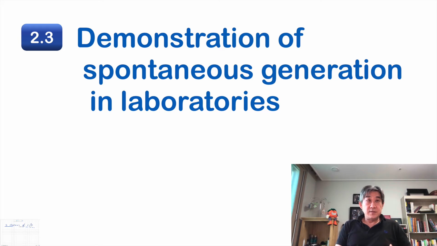And here, let's put this Darwinian evolution aspect a little bit aside, and let's get back to the proof of spontaneous generation in regard to chemical evolution, because no one was there, so it is very difficult.